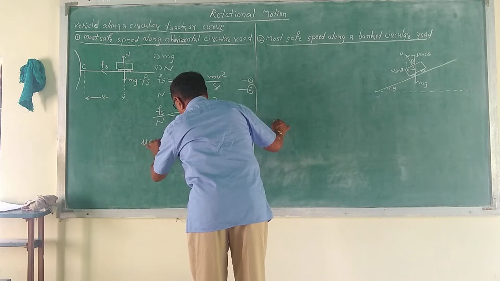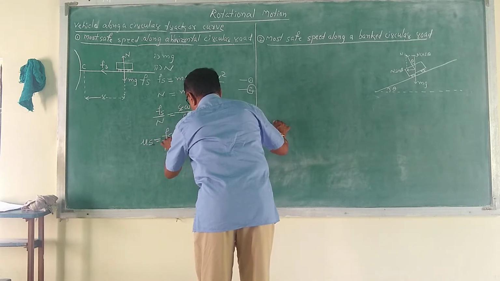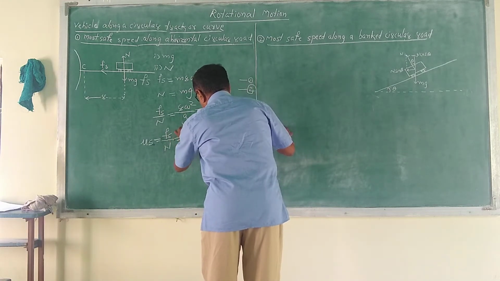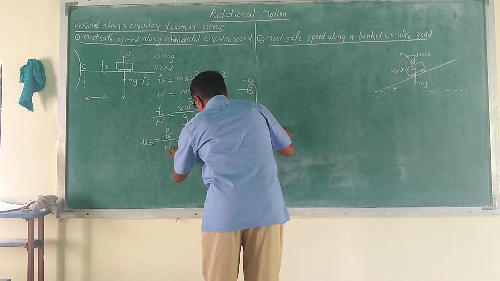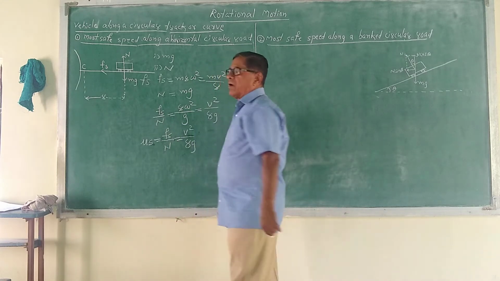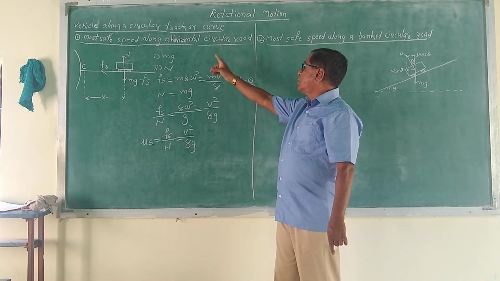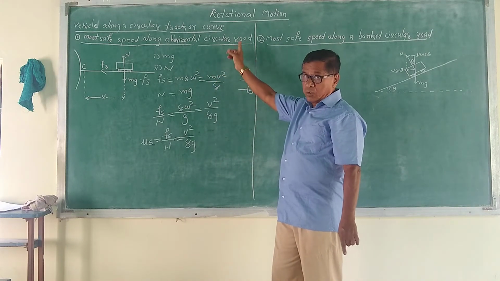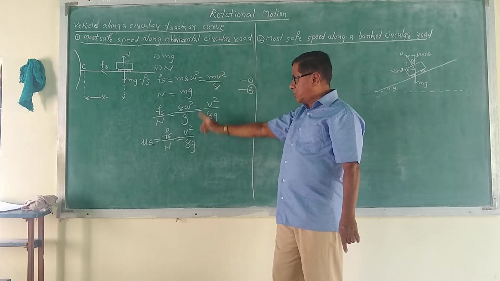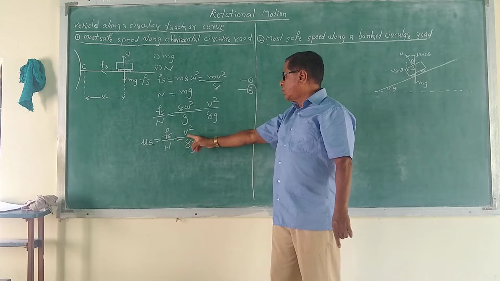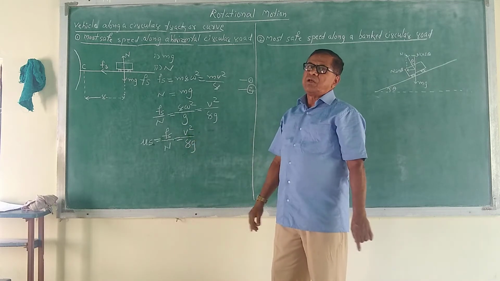Mu s is equal to Fs upon N, which, if we consider the linear speed, is equal to v square upon rg. Now our derivation is for the most safe speed along the horizontal circular road. While going through the derivation, we got mu s is equal to Fs upon N is equal to v square upon rg.